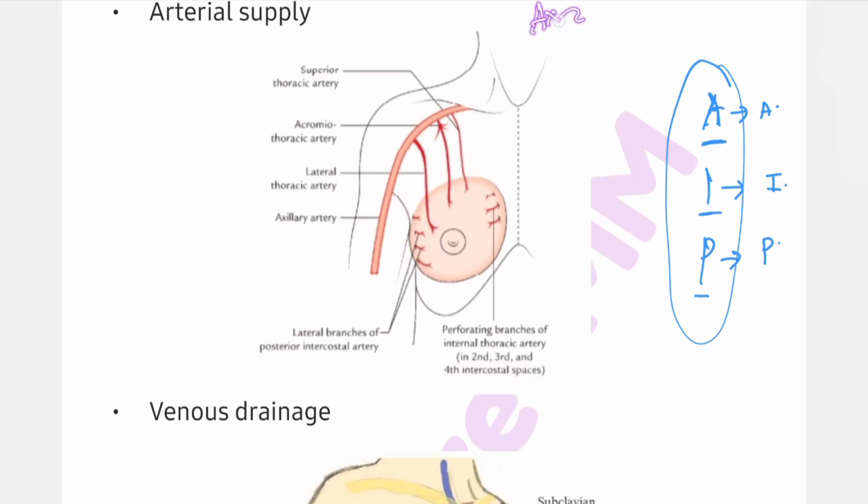From the axillary artery we have three branches supplying. The three branches are: the superior thoracic artery, the thoracoacromial artery with its pectoral branch, and the lateral thoracic artery. Most of the blood supply to the breast is derived from the lateral thoracic artery. It is very important, please do remember.